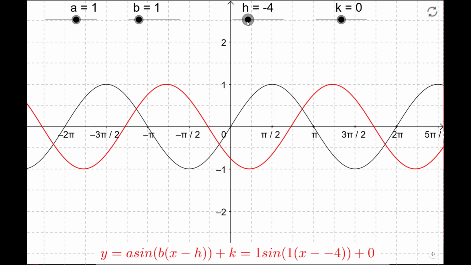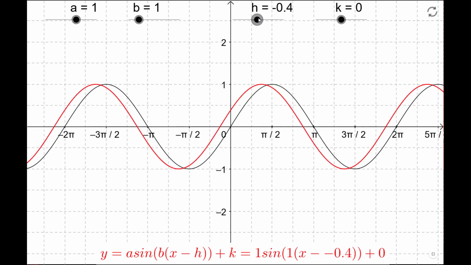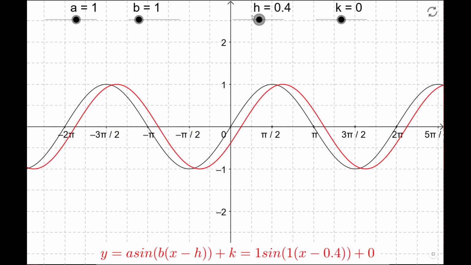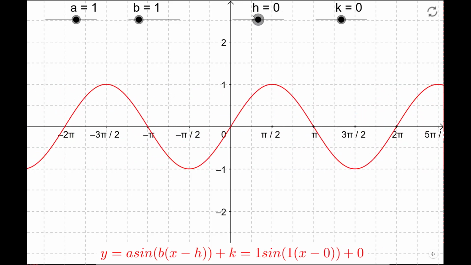All right, so again, this horizontal shift, when we talk about trig functions, instead of saying horizontal shift, we're going to call it a phase shift. Okay, it's changing the phase of the function. All right, the last thing, and probably one of the easiest ones, is k. So k is the number you're adding on at the very end.